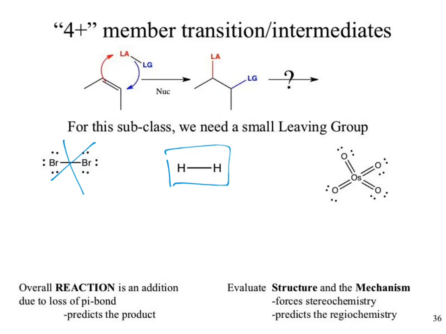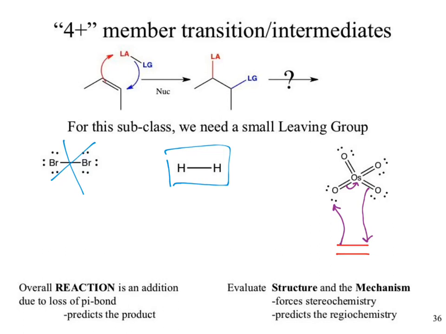Our leaving group in this case is just a pair of electrons going to the osmium. Is a pair of electrons large? No, so this is going to be fitting our 4+ member transition state as well. The electrons come out, we shuttle the electrons to the osmium. Osmium is like, holy crap, I've got too many electrons. So what does it do? It shuttles more electrons out.